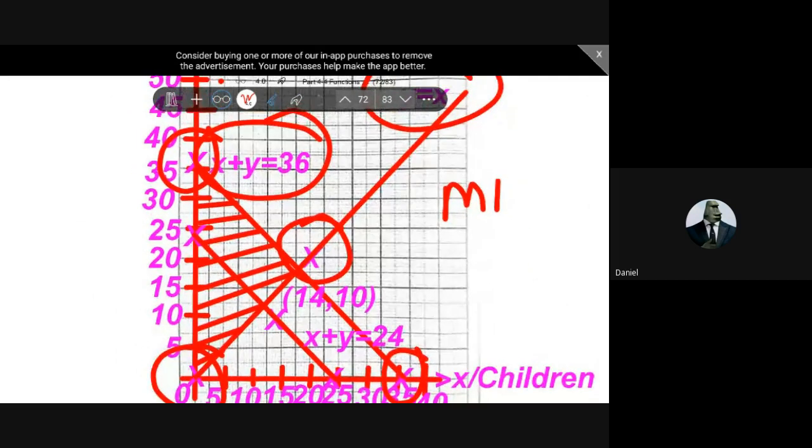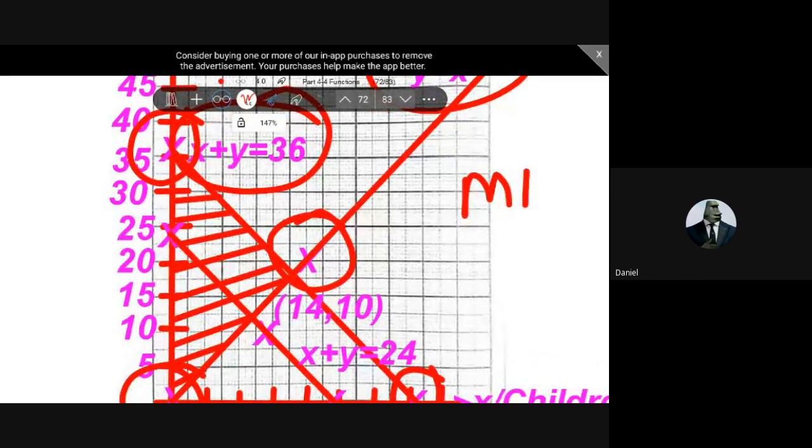So can you tell me the answer or not? If your graph is like this, yes or no? Ya atau tidak? Koordinat sekarang dia 14, 10. So can they sit or not? If anyone tak tahu, boleh cakap tak tahu, okay? Don't be shy. There's 3 question require graph paper.